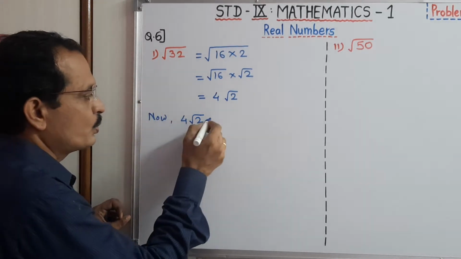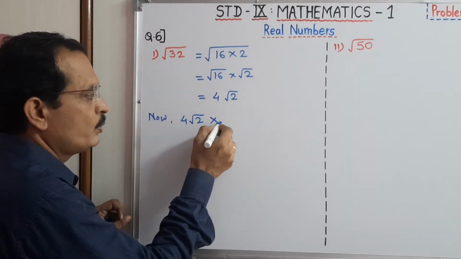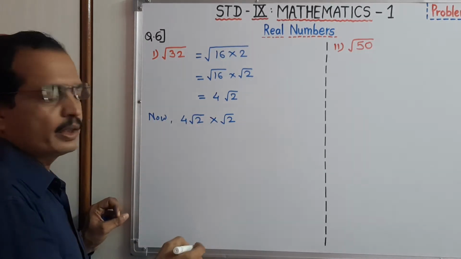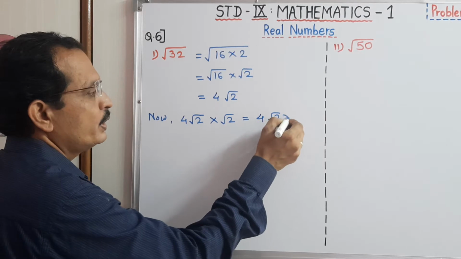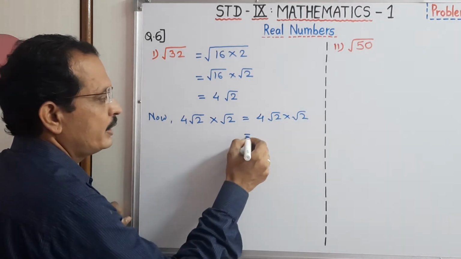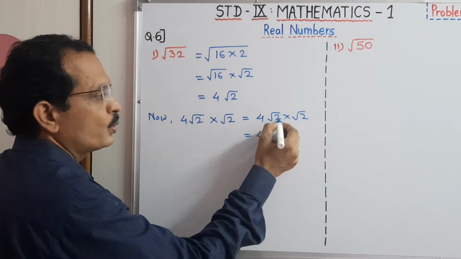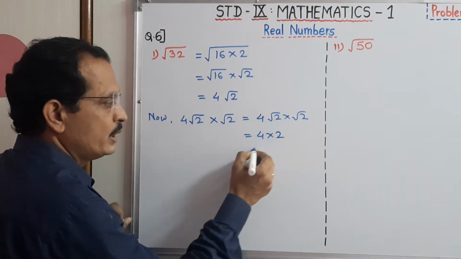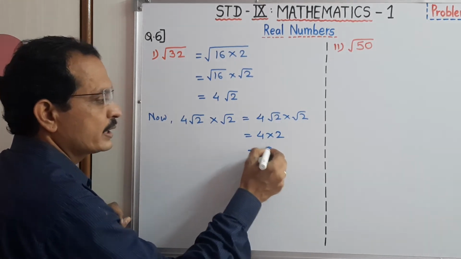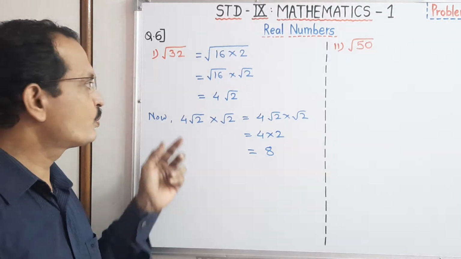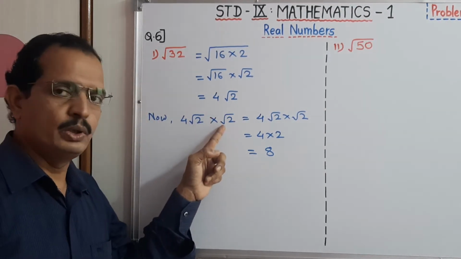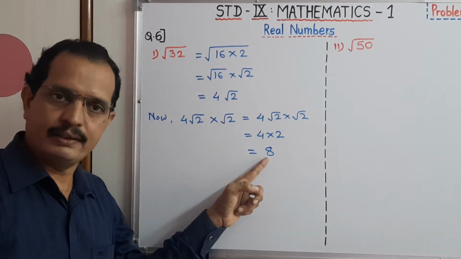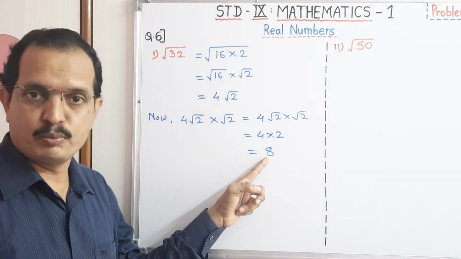If we multiply this 4 root 2 with root 2, then we get 4 into root 2 into root 2, which is 2, and we get the answer 8. That means if we multiply root 32 with root 2, we get the answer 8, and that is a rational number.